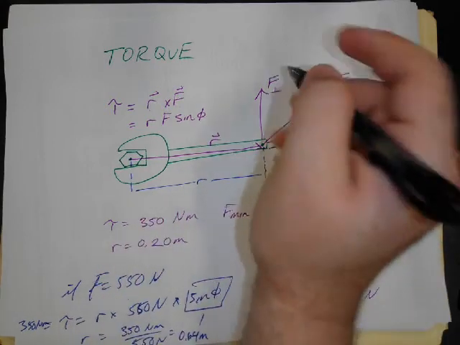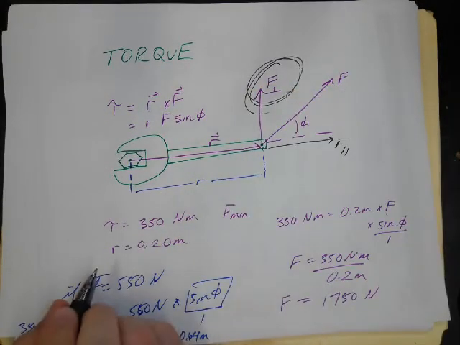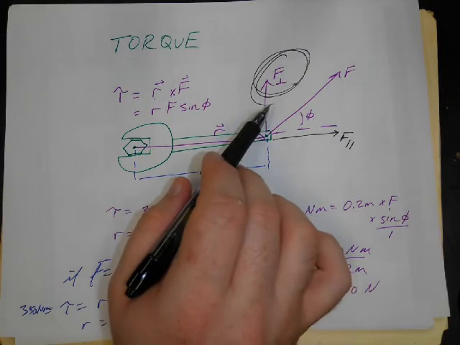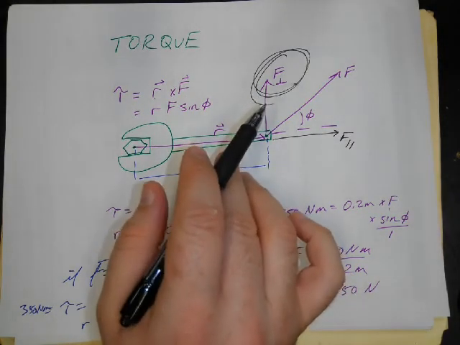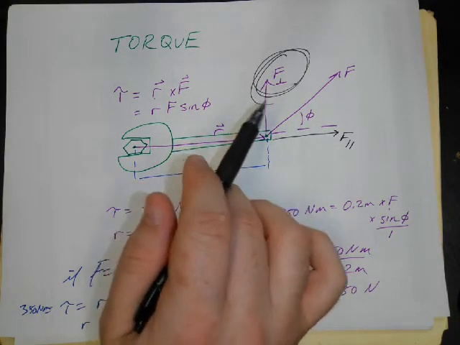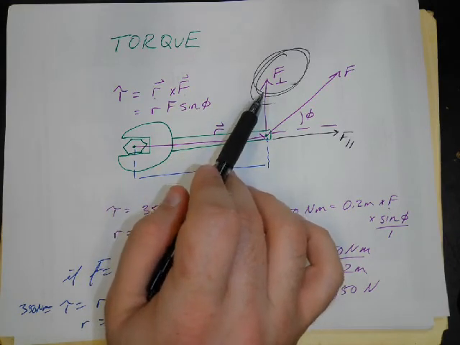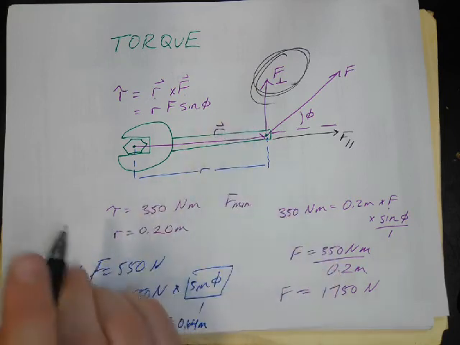The only thing that can help it rotate is the part of it that's perpendicular to the radius. And so that's the bit that's going to cause the rotation. If there's going to be a force applied, this will cause the change in the angular acceleration.